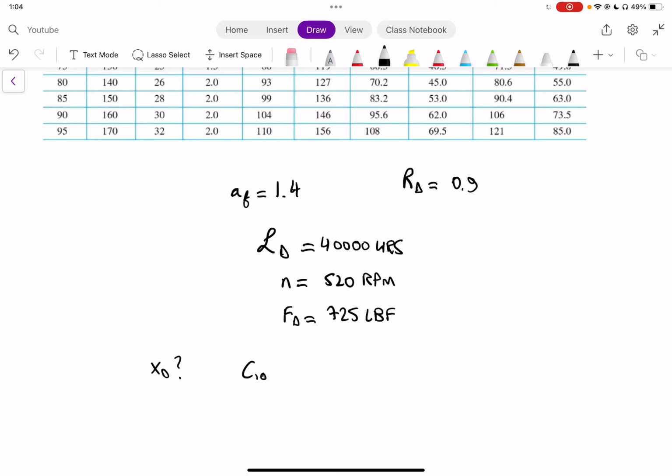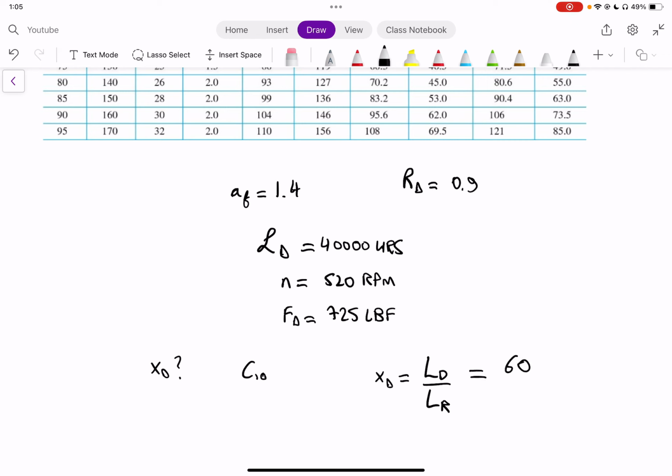The first thing that we can find is XD, and you can look this up in your formula sheet, or you should remember it off the top of your head, it's life desired over life rated, or life 10. In our case, we have our life desired in hours and RPM, so we can convert from hours and RPM to revolutions.